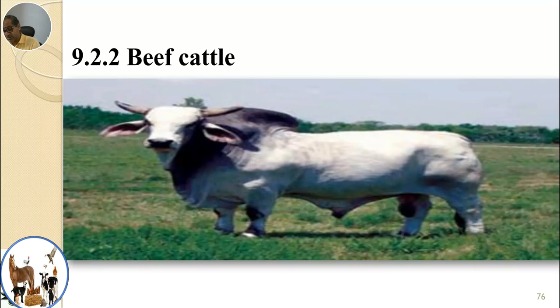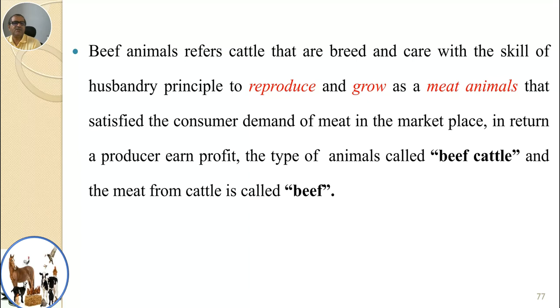But other countries use a very specific beef cattle breed for production of meat from the cattle. So, beef cattle refer to the cattle that are bred and cared for with skilled husbandry practices to reproduce and grow as meat animals that satisfy consumer demand.